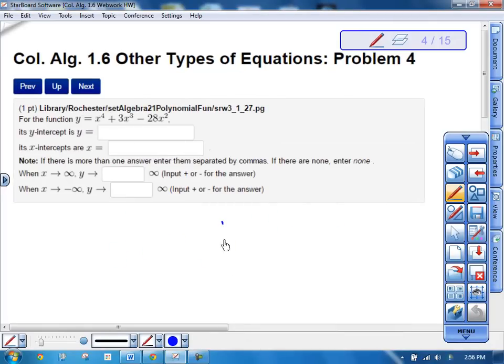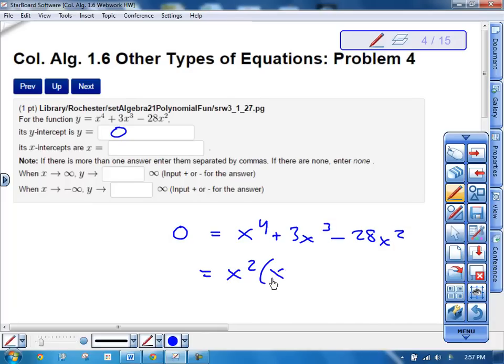Okay, next function is a 4th degree polynomial. It wants the y-intercept. Y-intercepts occur wherever x is 0. So if you plug in 0 for x, you get 0 for y. So it goes through the origin here. The x-intercepts occur where y is 0, so we're going to have to solve that. We'll try it algebraically. If you factor out an x squared, then you're left with x squared plus 3x minus 28.